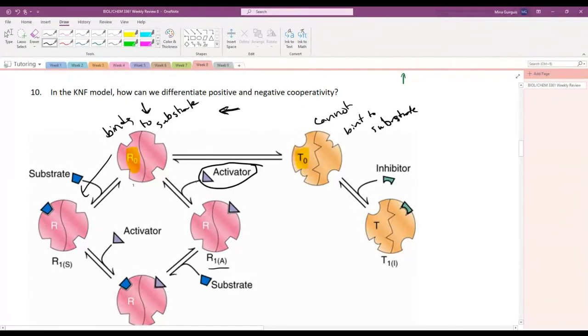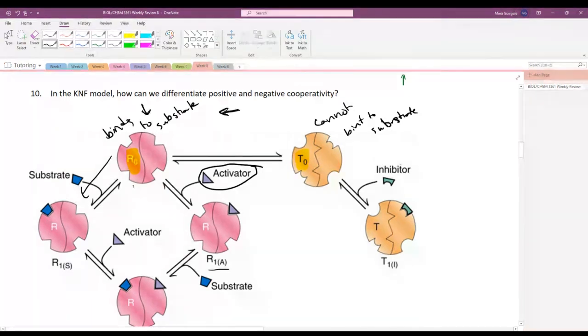Because of just looking at this left half, binding things to R0 increases the relaxed forms in general. So not just R0, but the total amount of R0 and R1 and the various types of R1s increases that overall concentration and increases binding. On the other hand, the tense form, which cannot bind to substrate, is where inhibitors bind.